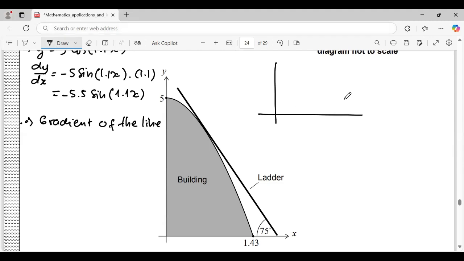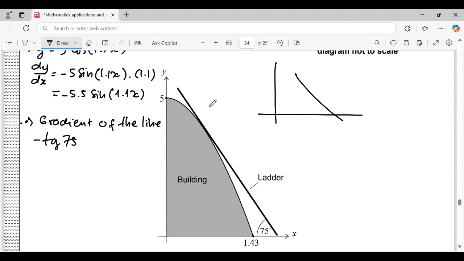If the line leans to the right, then the gradient will be positive. But if you look at this line, the line leans to the left. So it means the gradient is negative.